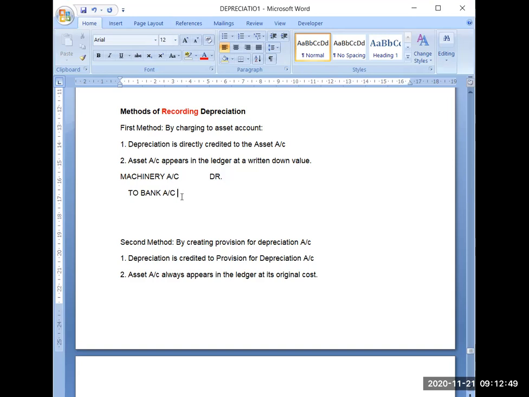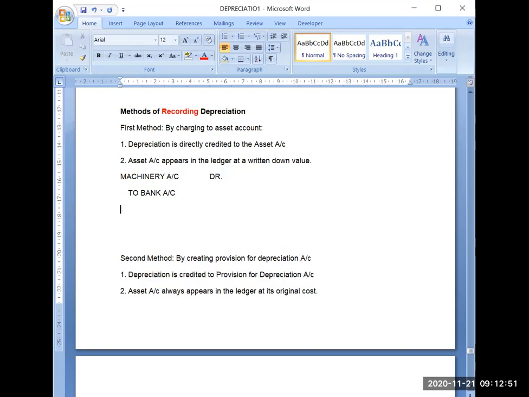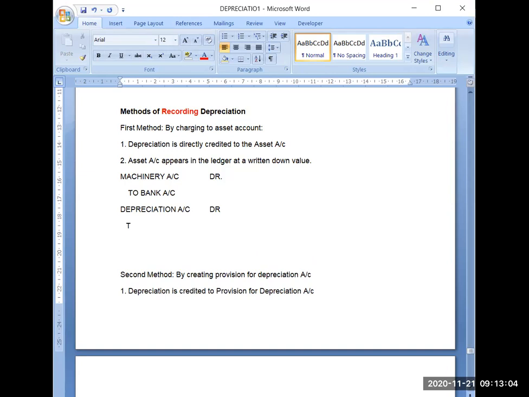Then if we are charging depreciation on the machinery, what journal entry will we be doing? Depreciation account debit, to machinery account.